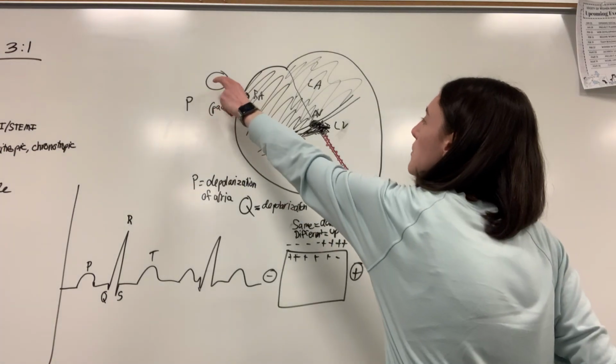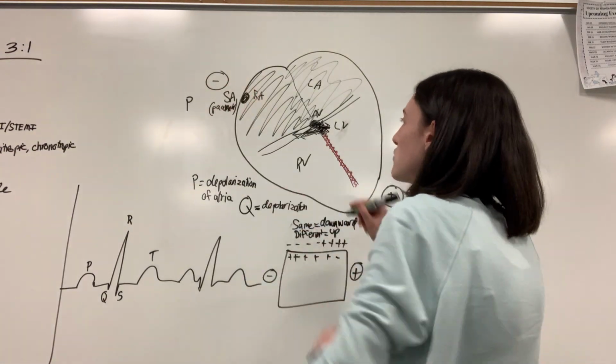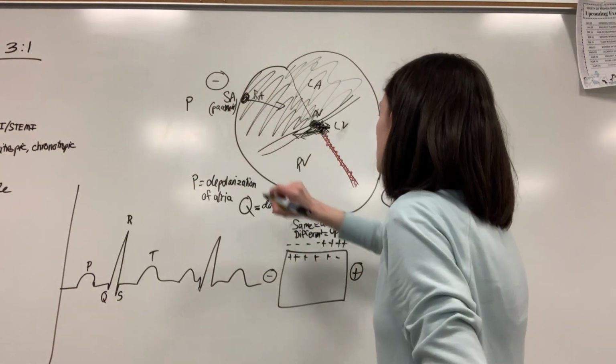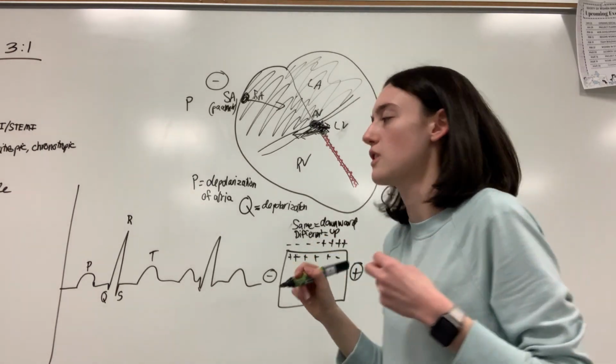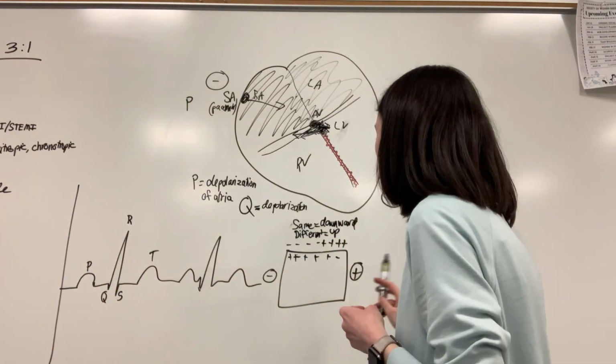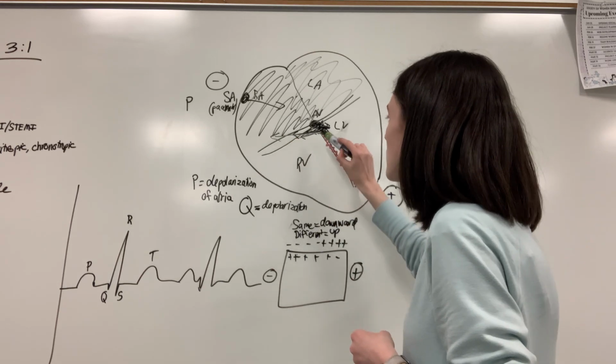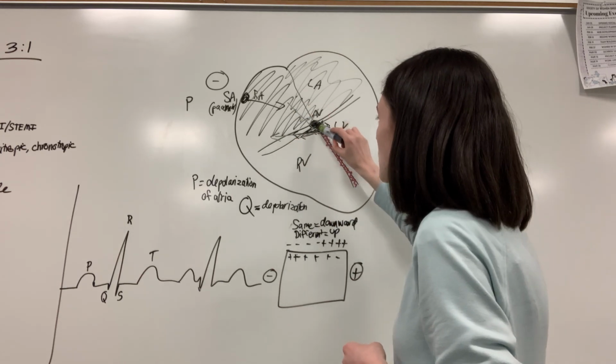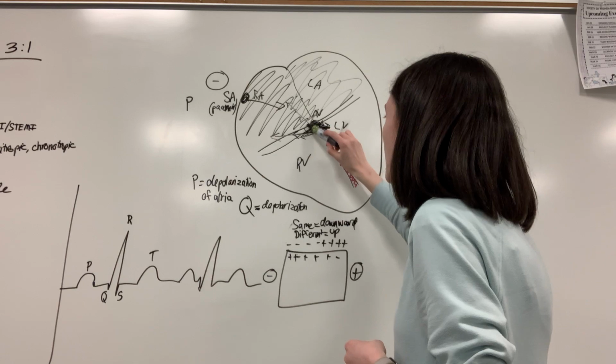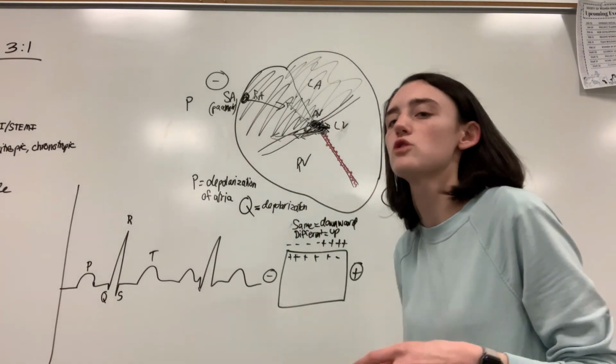So when I went from the negative charge, the average vector was going this way towards the positive charge, that's going to cause our wave to go up, and that's why our P wave is up. But with the Q wave, our vector is going to be pointed that way, which is going to create an angle going towards the negative charge, and that's why it's down.